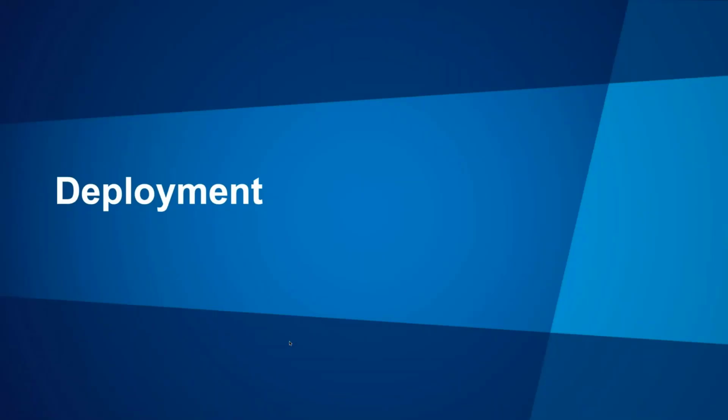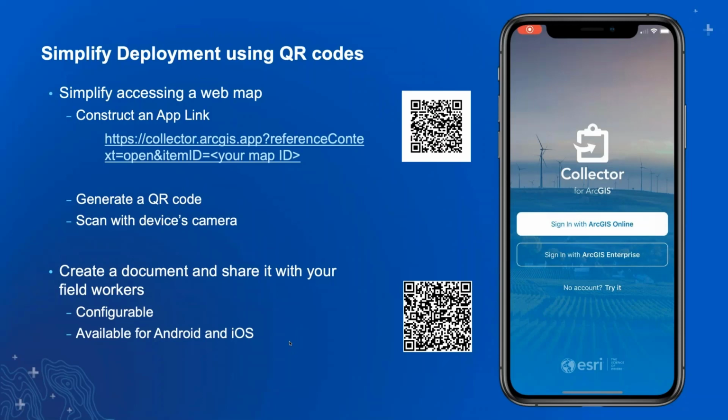All right, so we've talked a little bit about preparation. Now let's talk a little bit about deploying your map to Collector for getting out in the field. So the first thing is you can do things like using QR codes to simplify your deployment. There's a number of ways that you can use QR codes.